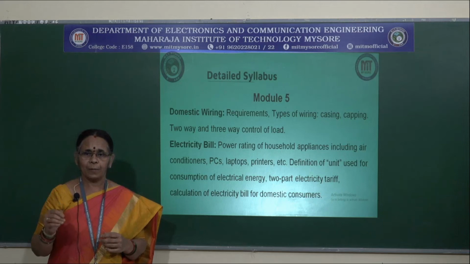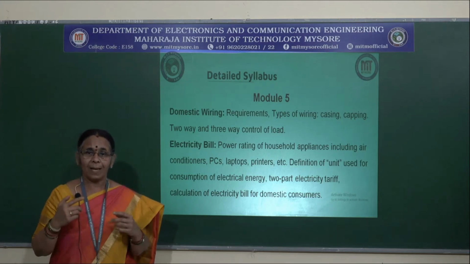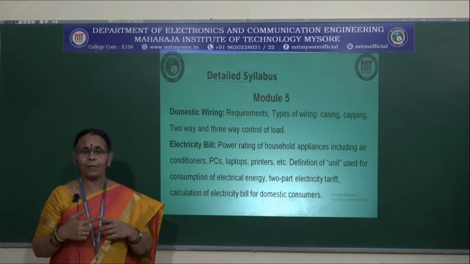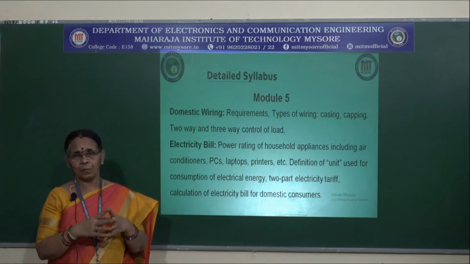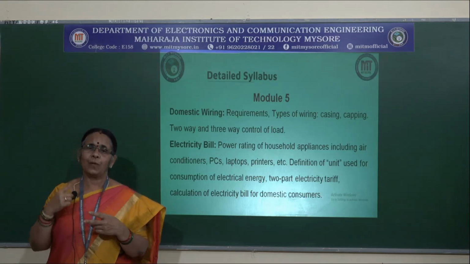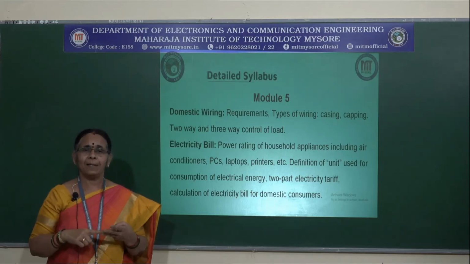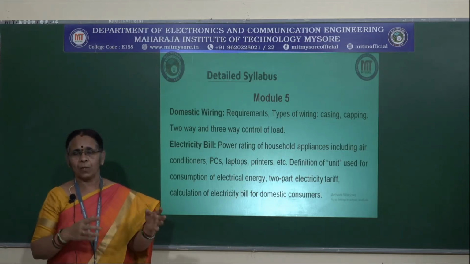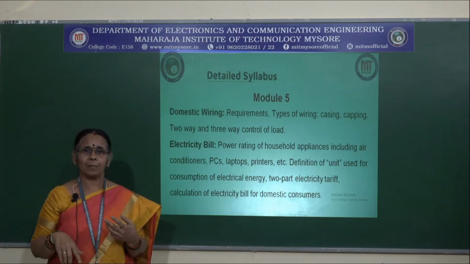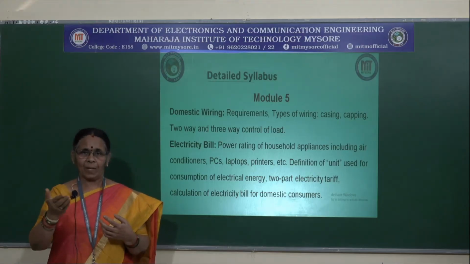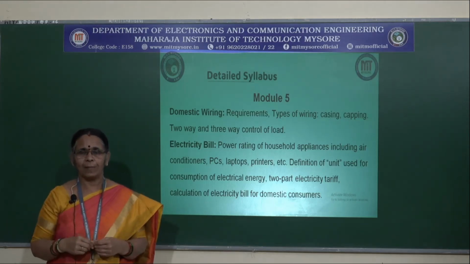You are also going to study the 2-part electricity tariff and the calculation of the electricity bill for domestic consumers. It is only restricted to domestic consumers. The tariff calculation for domestic, commercial and industrial is different, and here it is restricted only to domestic wiring.